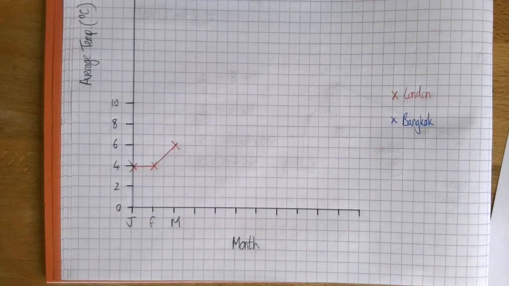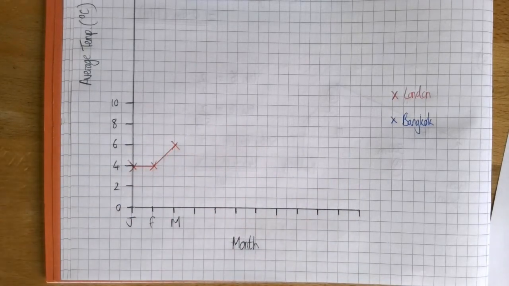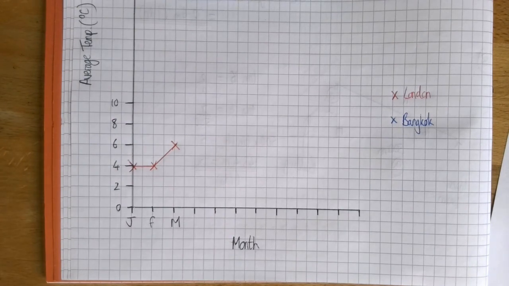So this is unlike a scatter diagram, where, remember, with the scatter diagram, we didn't join the points dot to dot. We drew a line of best fit. But with a time series graph, I join all the points for London dot to dot. And then in a different colour, I'm going to do Bangkok with a different line. And so hopefully you'll be able to carry on the London line and draw the Bangkok line.